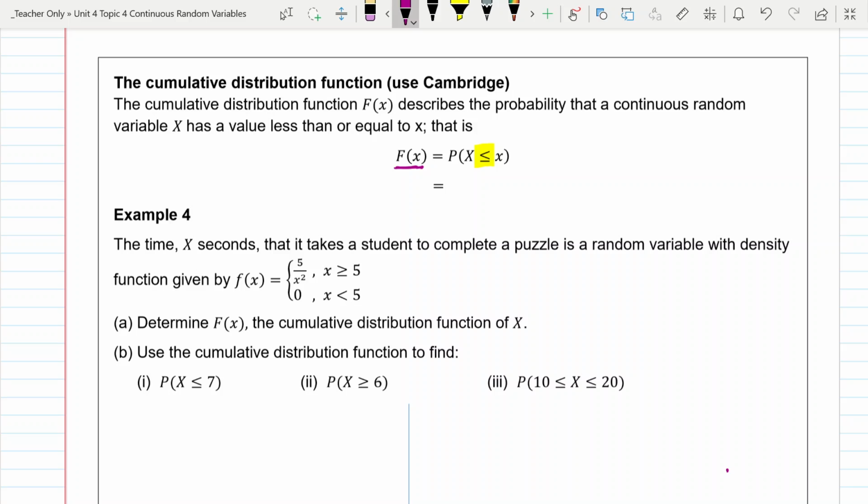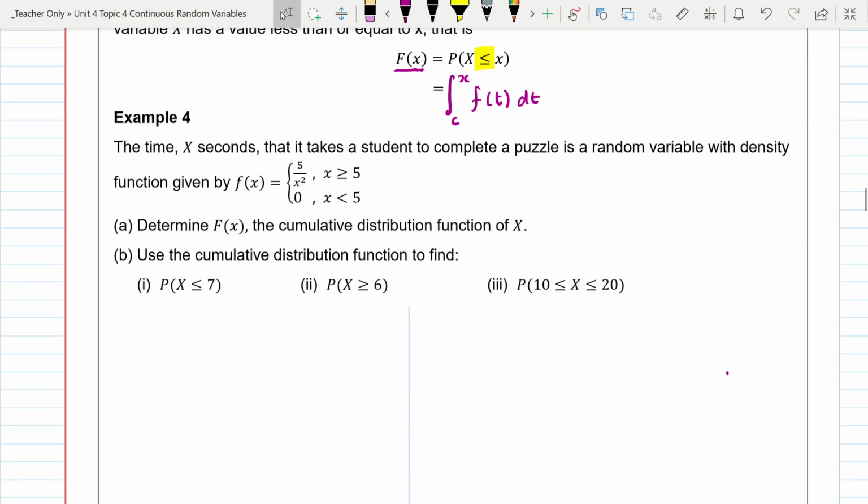And that's going to be our integral from a value of, say, c to a value of x. So it's between any 2 points of f of t dt. We just replace our x with a t so that we can integrate and put x in as a variable.